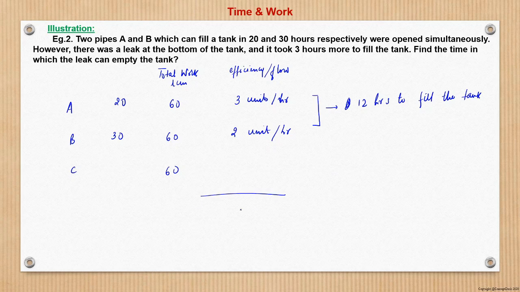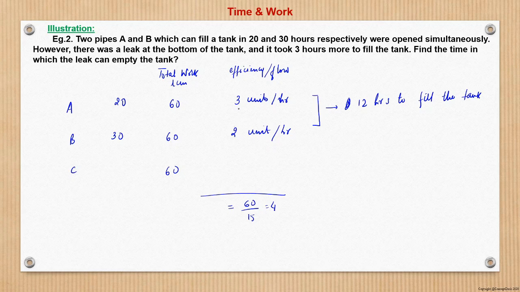So therefore I can say it is nothing but 60 by 15 is equal to 4. Because the working rate becomes, if all the three pipes A, B, C work together, it is taking 12 plus 3, 15 hours. So it means all the three combined efficiency or the flow is 4 units per hour.